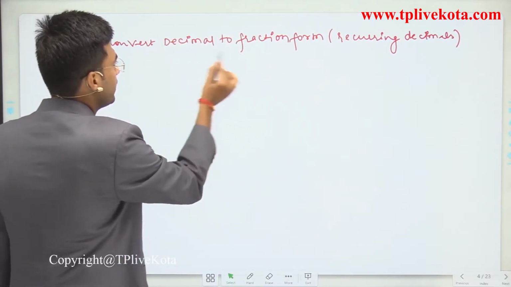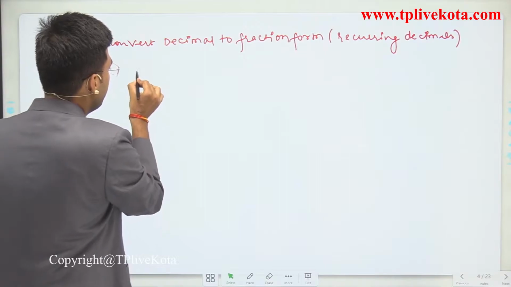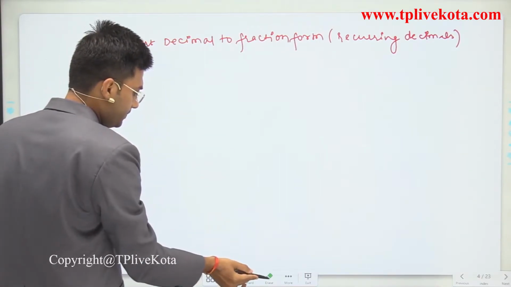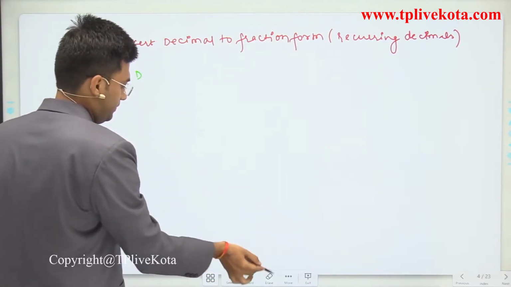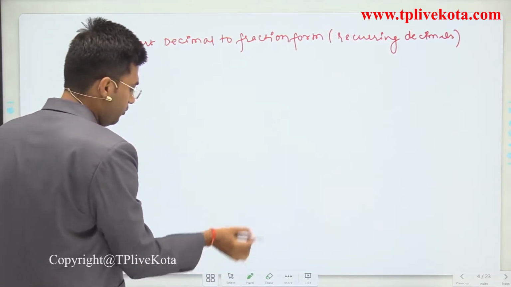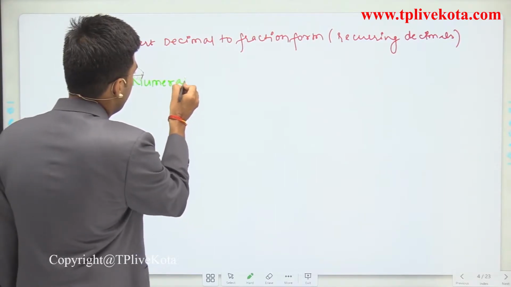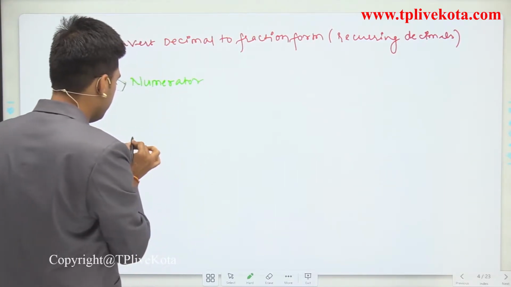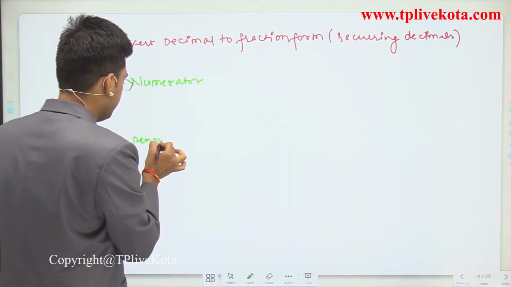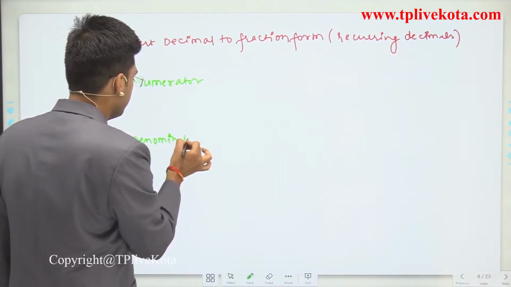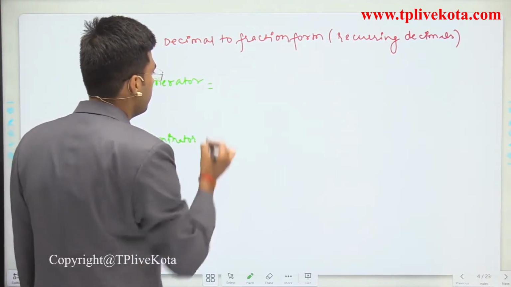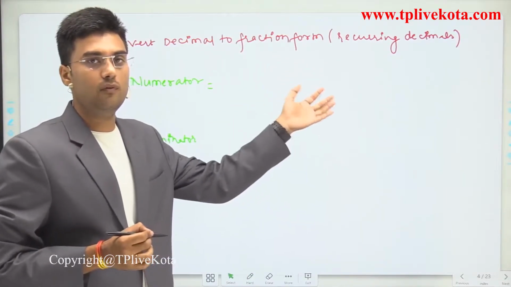To find the fractional form, we have to find the numerator and denominator, because we have to find the fractional form of a rational number.